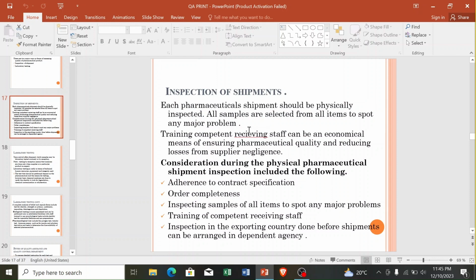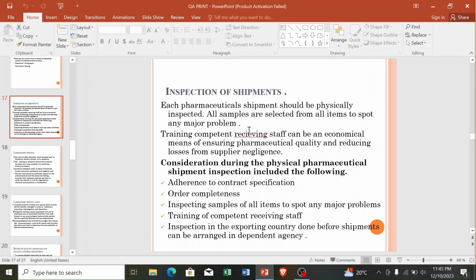It is good to always inspect your medicine, and you should have a checklist. You should have a standard procedure of how you check. If you are receiving medicine as a staff or as a team that is responsible for receiving medicines in a facility, you need to have a checklist, because when you have a checklist, you know what you are inspecting, and you are able to document that you inspected this and everything was okay.